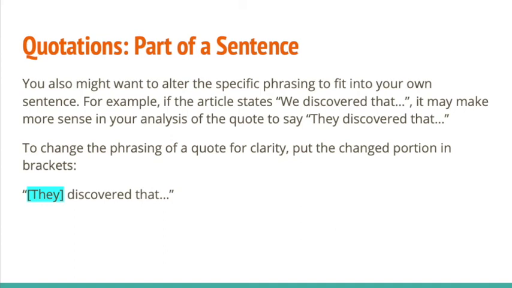So, for example, if the article states, "We discovered that such and such happened," but you want to write it as "they discovered that such and such happened," the way that you can show that you are still quoting it accurately, but you are making it grammatically correct for your own paper, is that you put the word that you want to replace "we" with in brackets. So, quotation mark, bracket, "they," end bracket, "discovered that," etc.